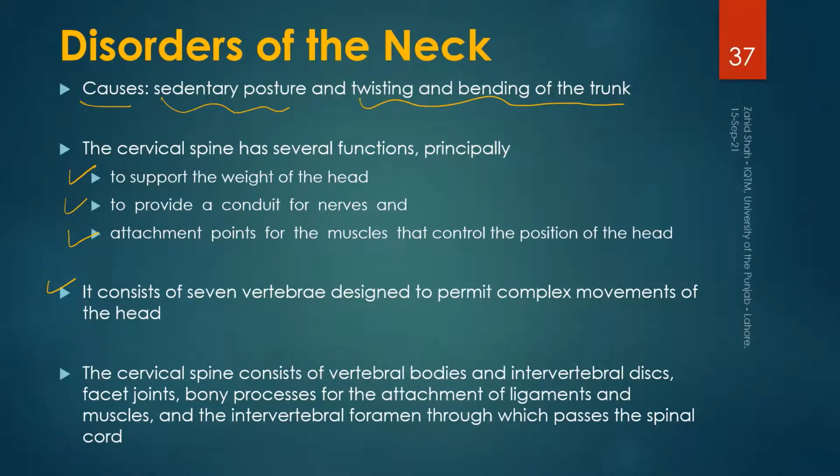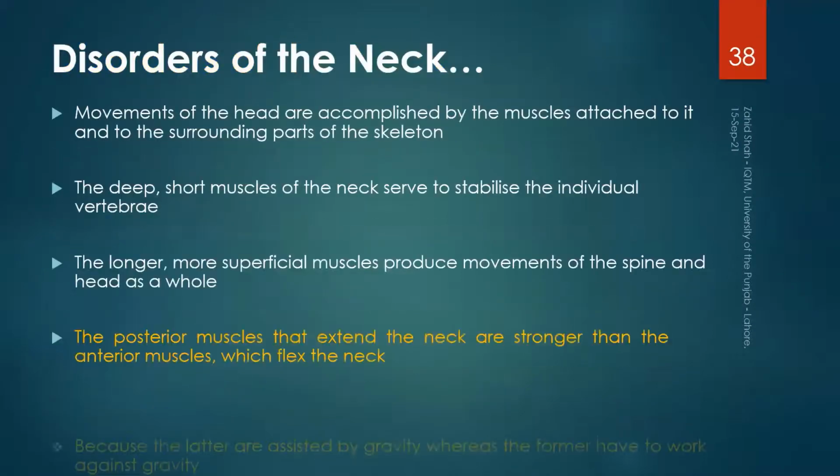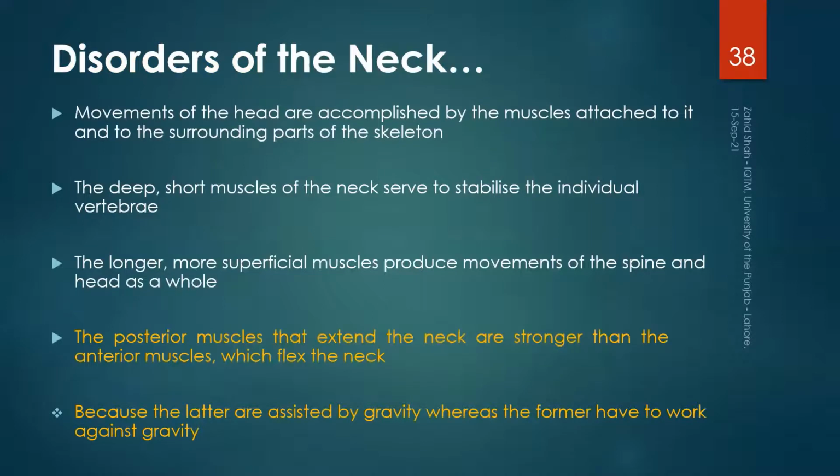We discussed this point in detail in our module on anatomy, and also in our discussion on work posture. Movements of the head are accomplished by the muscles attached to it and the surrounding parts of the skeleton. So that is an important function of the cervical vertebrae.